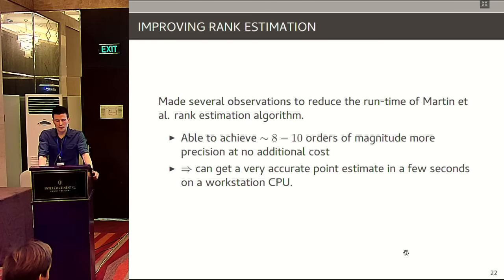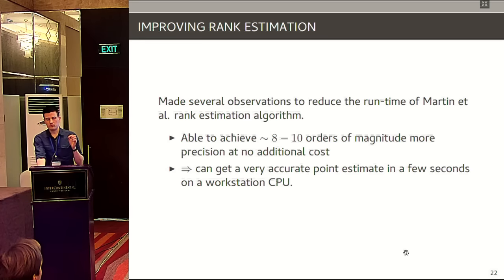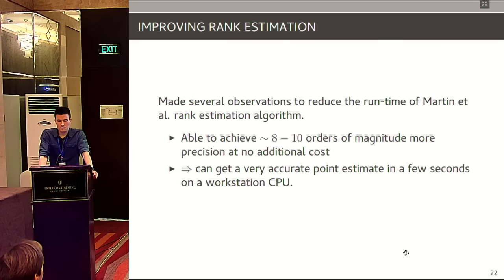This allowed us to achieve quite a few orders of magnitude more precision at no additional runtime. The interesting thing here is that the observations we made didn't reduce the algorithmic complexity asymptotically, so it shows that constants are important. What this means in practice is that you can get a very accurate point estimate in, at most, a few seconds on a reasonably powerful workstation CPU.